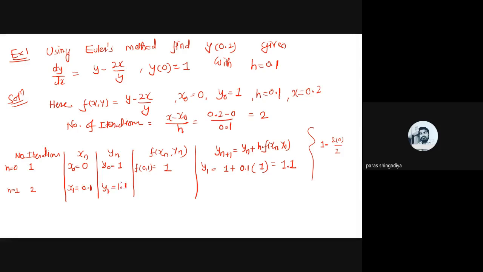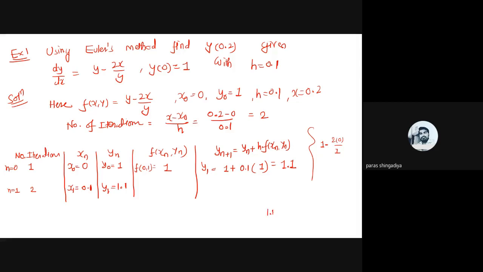Okay, you have two new values. Now check the function output. The function is y minus 2x upon y. So what is the output?